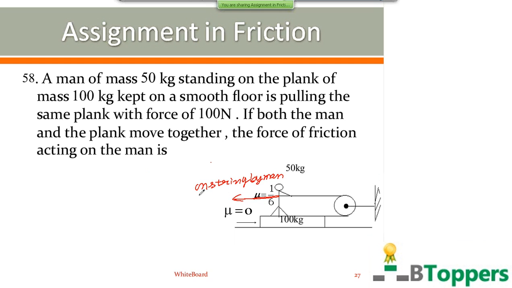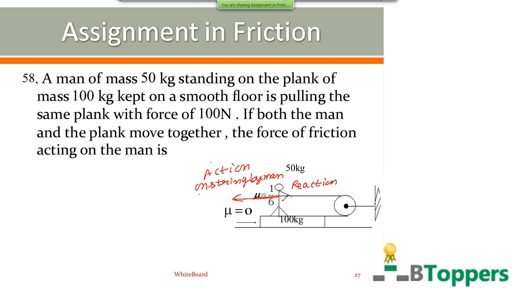According to Newton's third law, to every action there will be always an equal and opposite reaction. Here action is the force exerted on the string by the man, which acts towards left side. So the direction of the reaction will be opposite to the direction of action.